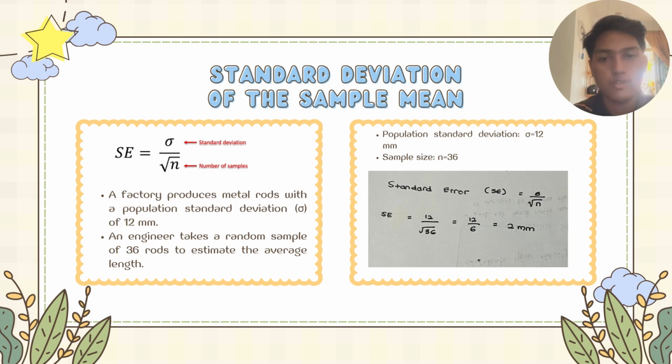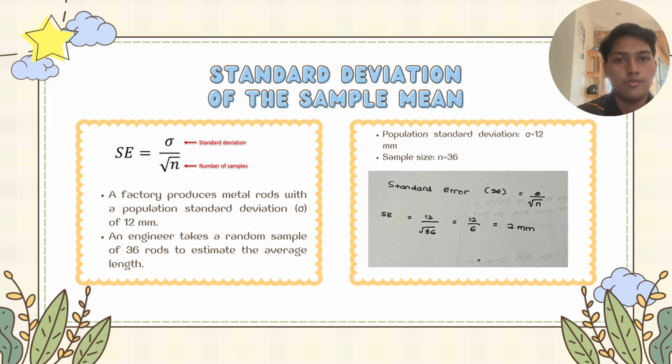About the standard deviation of the sample mean, the formula is the standard deviation divided by the square root of the sample size. We have an example of a factory that produces metal rods with a population standard deviation of 12 millimeters, and an engineer takes a random sample of 36 rods to estimate the average length.